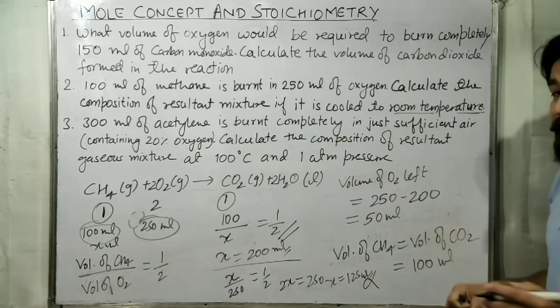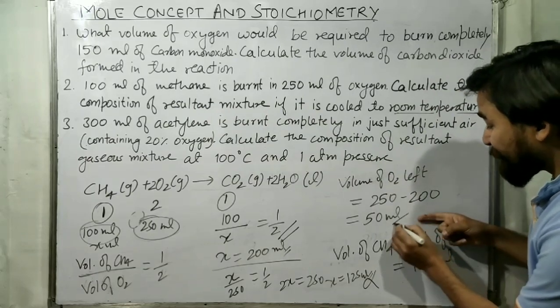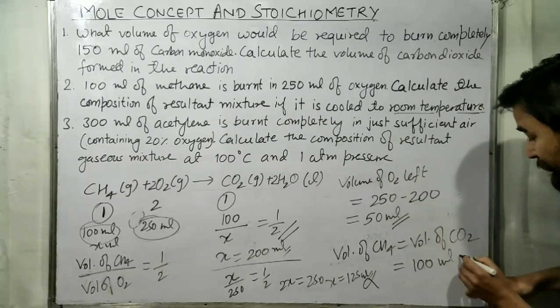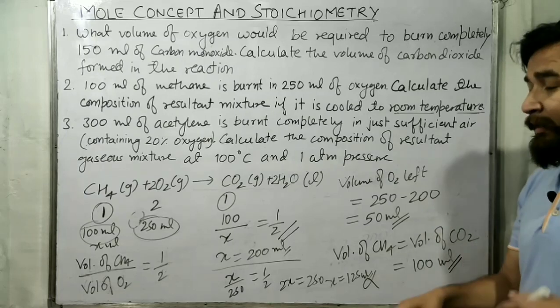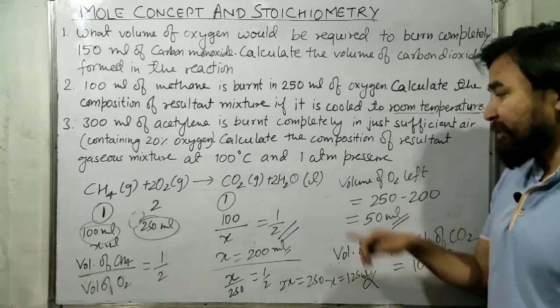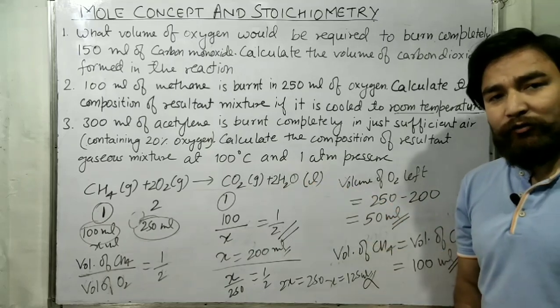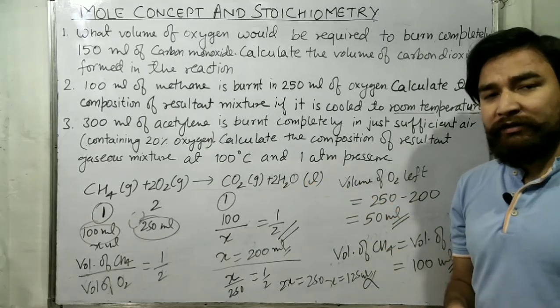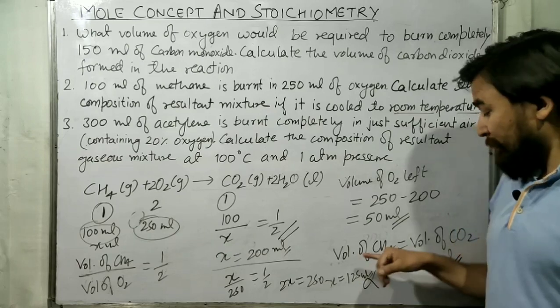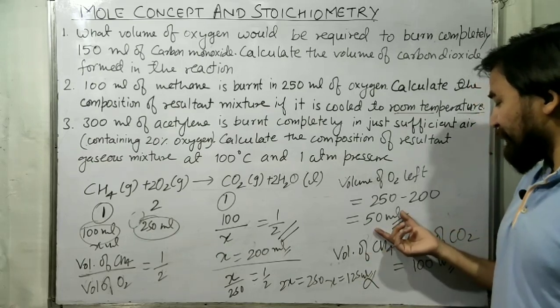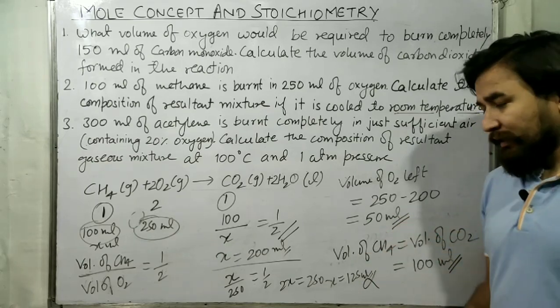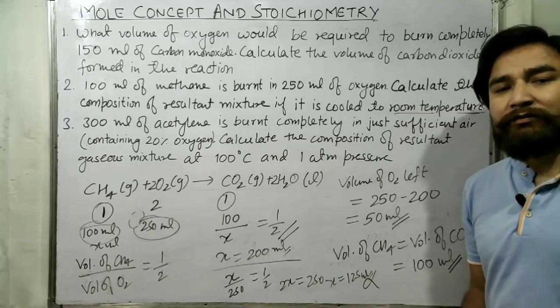So in the resultant mixture after the reaction, what will be left? 50 ml of oxygen and 100 ml of carbon dioxide, and methane will be exhausted completely. Also the water will be liquefied, so water will be in the liquid state. So this is the answer to the question. We will have 50 ml of oxygen and 100 ml of carbon dioxide in the gaseous mixture.